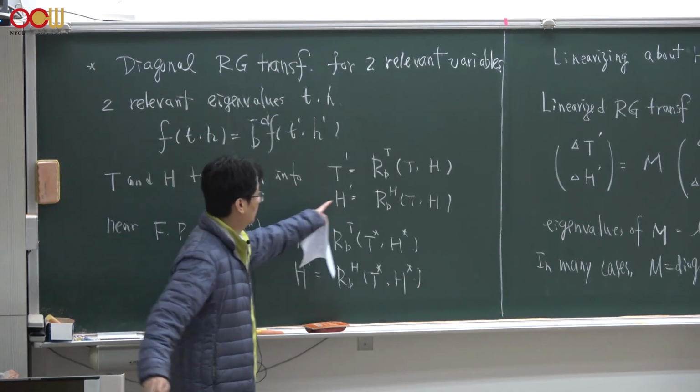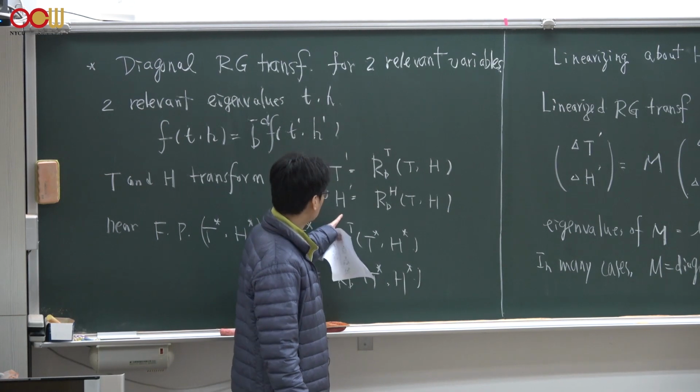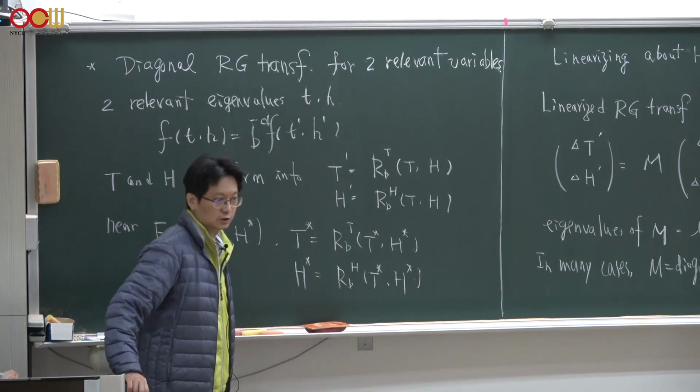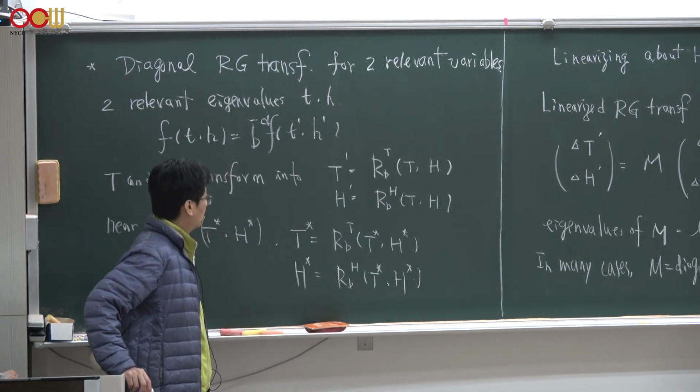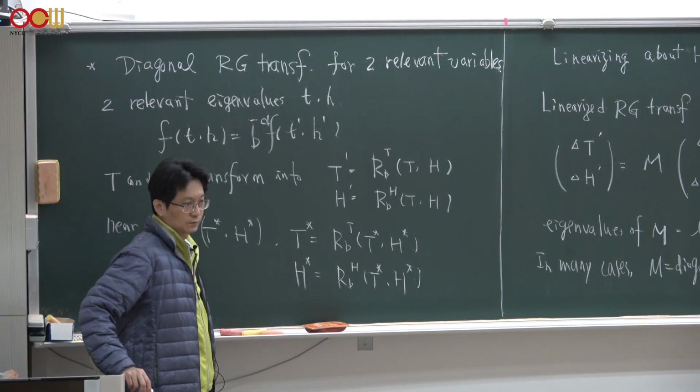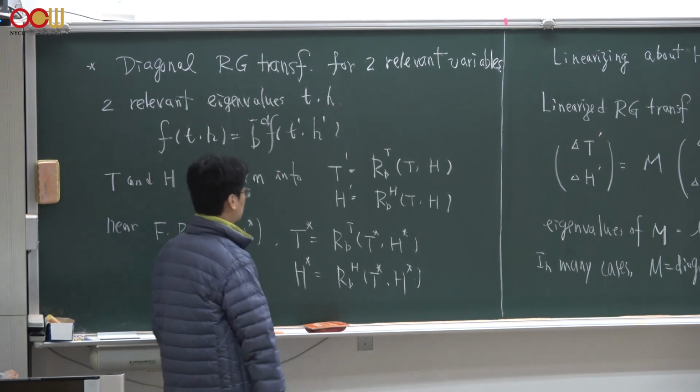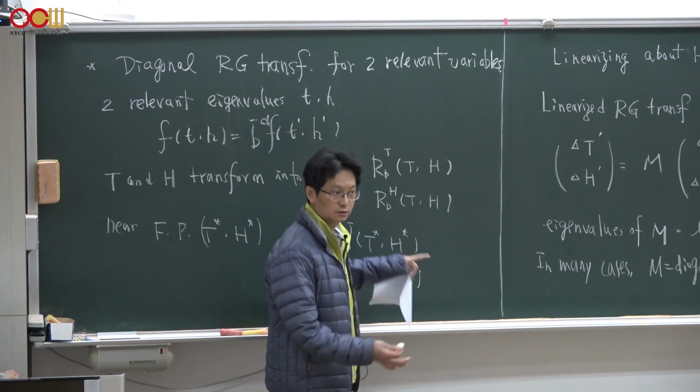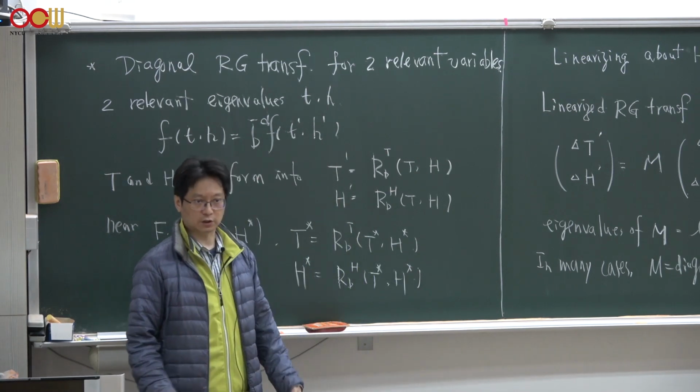The prime and unprimed variables differ by this transformation matrix element R_bT and R_bH, which describes how temperature and field are transformed under these RG transformations.